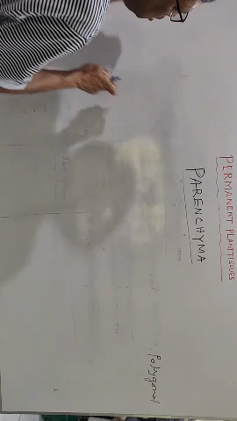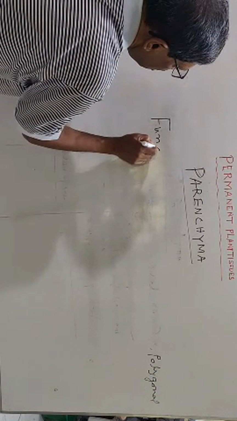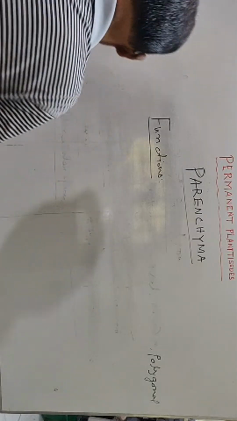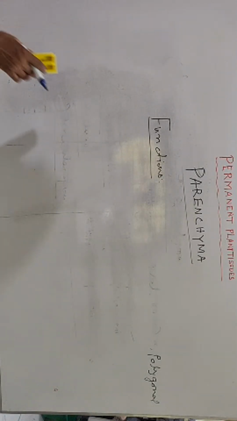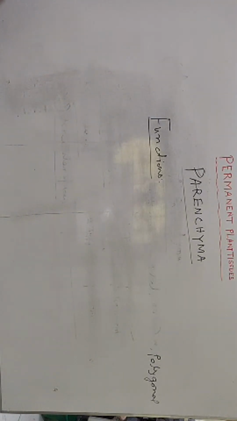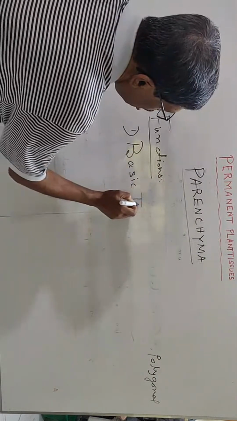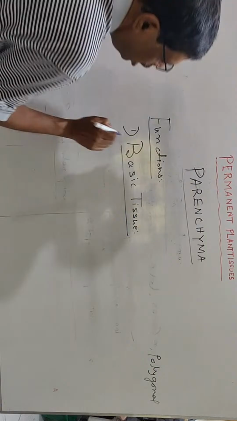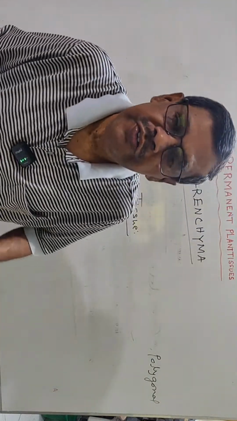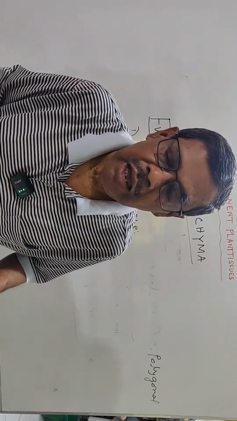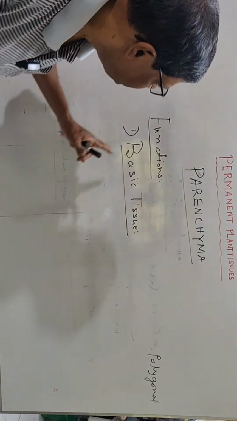Number 1, basic tissue. I have said before, this is the basic tissue of the plant body. All the organs of the plant are produced by this tissue.